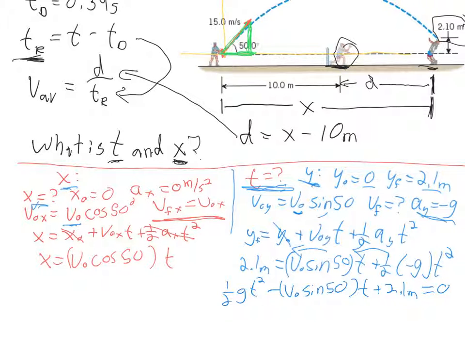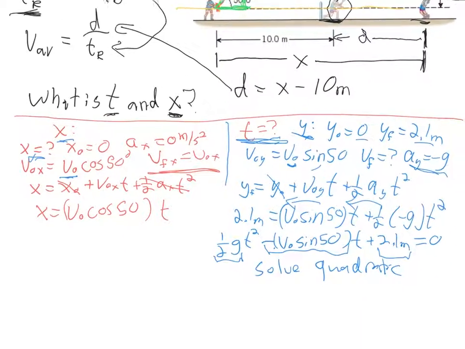And if you notice, now we have a quadratic equation where you have a t squared plus b, which b is a negative v initial sine 50 times t, plus c. You can solve this quadratic equation. So I'm not going to do it for you, but you solve this quadratic, and since it's a quadratic, you're going to get two different times.